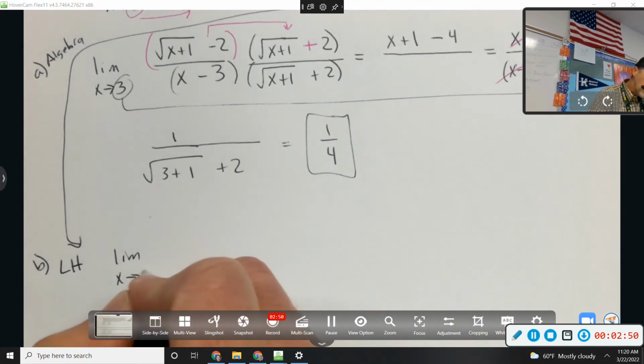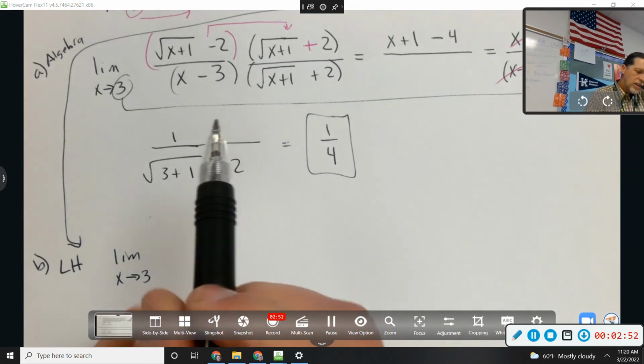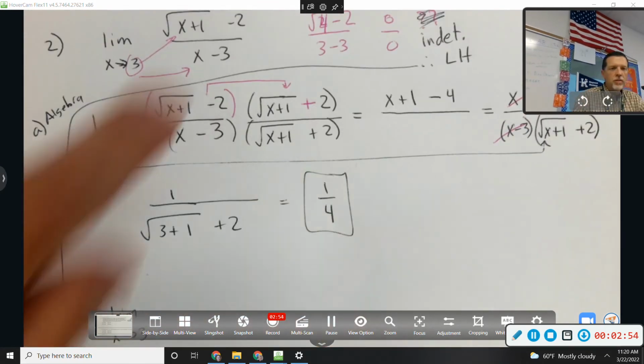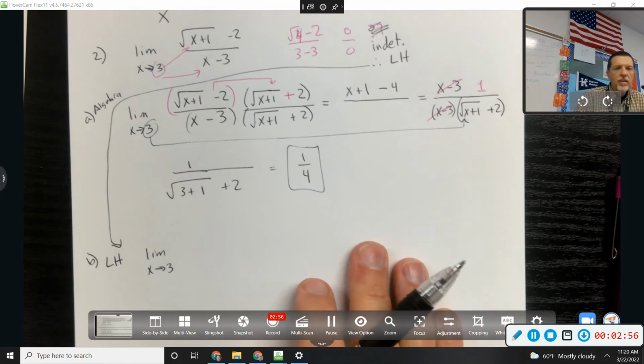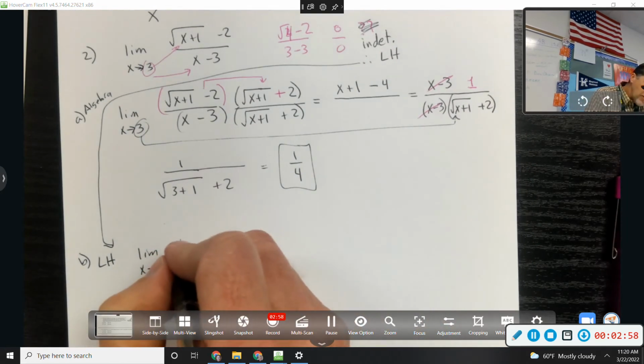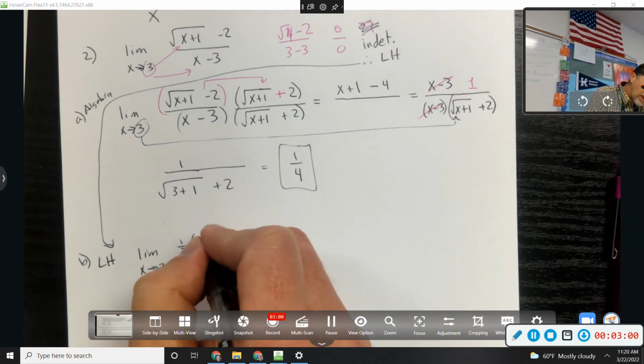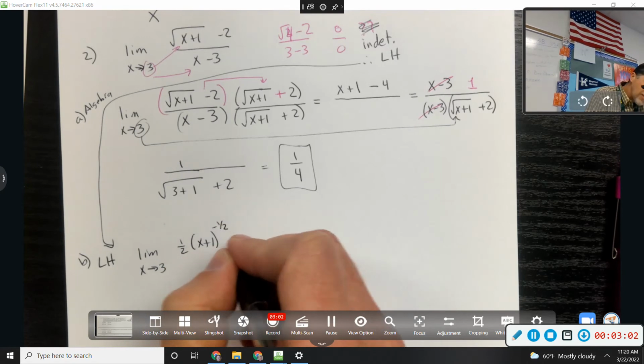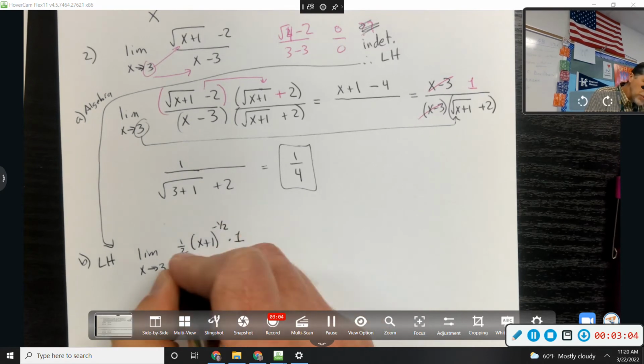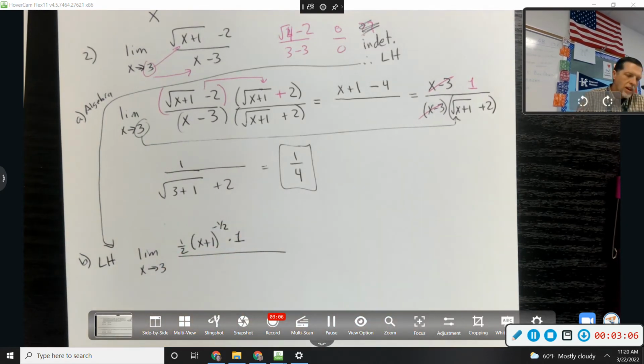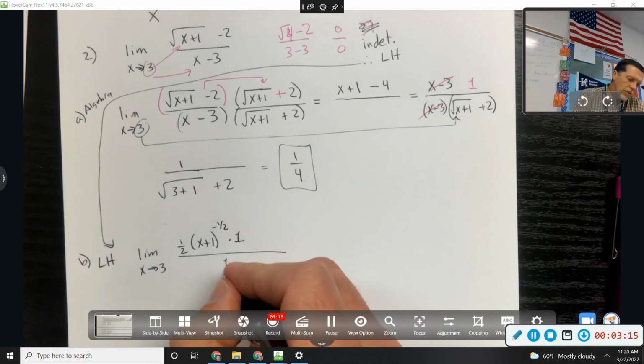Limit as x approaches 3. So that's x plus 1 to the 1/2. If I take its derivative, 1/2 x plus 1 to the negative 1/2, chain rule times 1, and the derivative of minus 2 goes away. And the derivative of x minus 3 would just be 1.